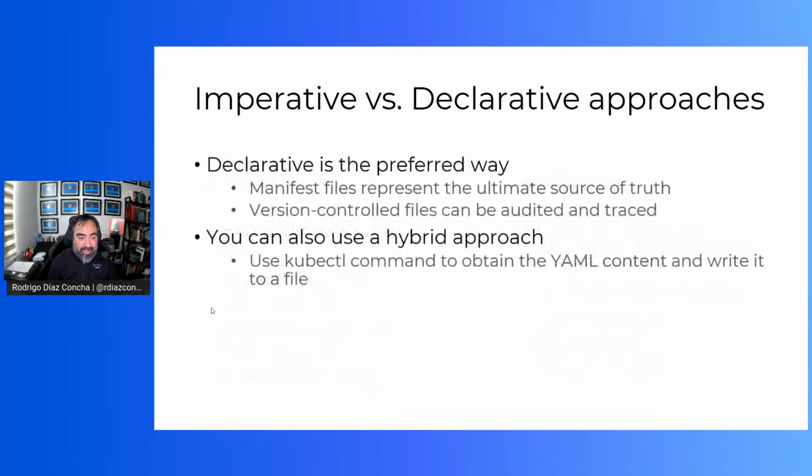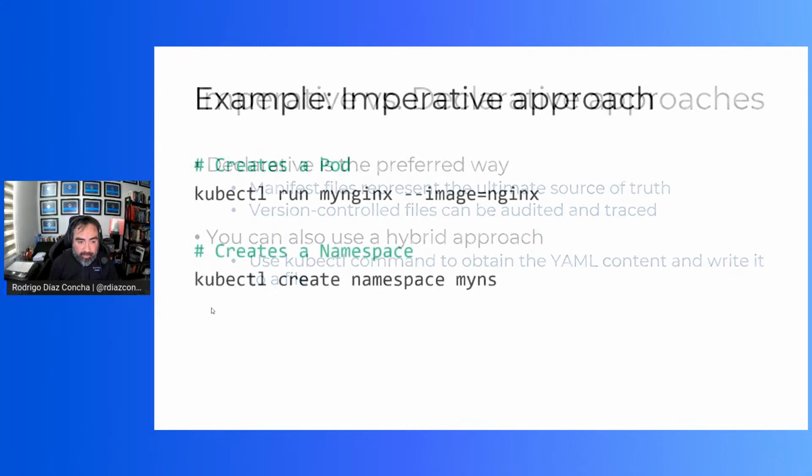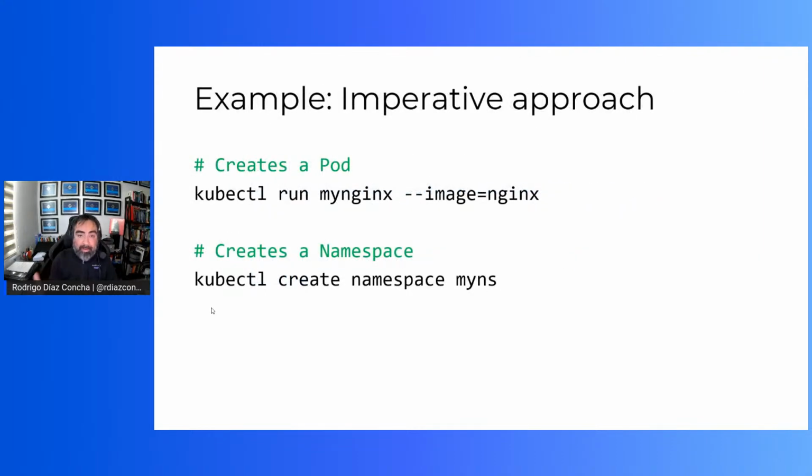So, and then we talked about that declarative is the preferred way, as I mentioned before. And we can also use a hybrid approach, which is just execute your imperative commands and obtain the YAML or JSON structure, and then use that for creating your declarative manifest files.